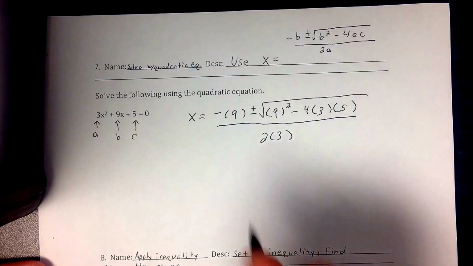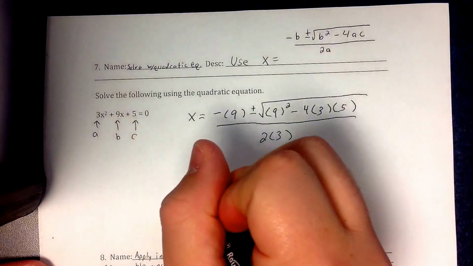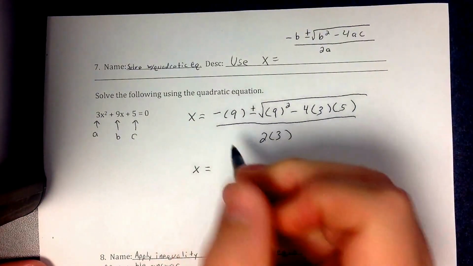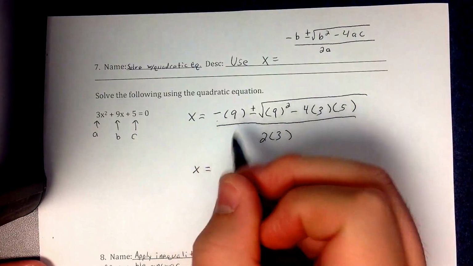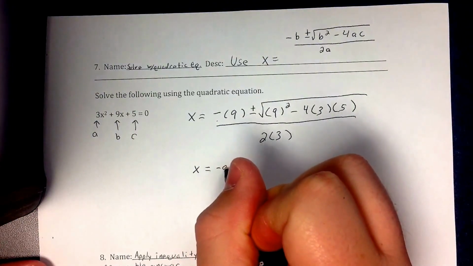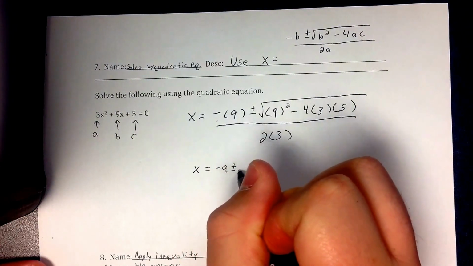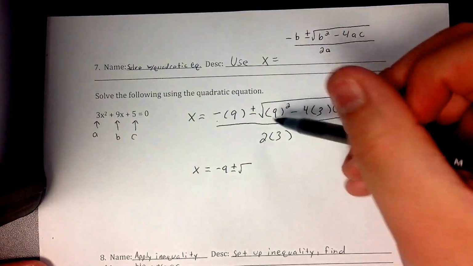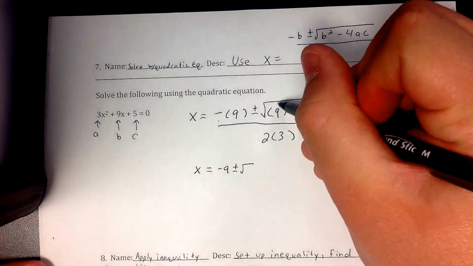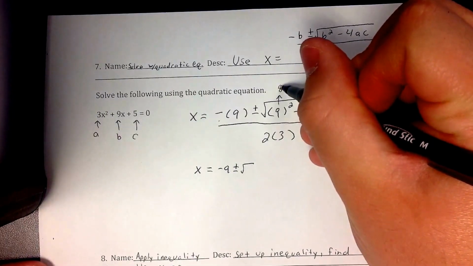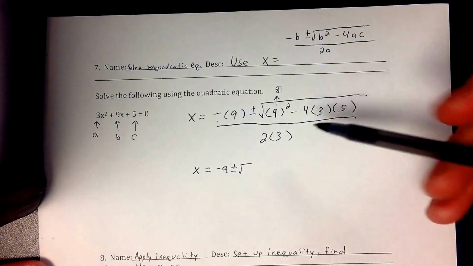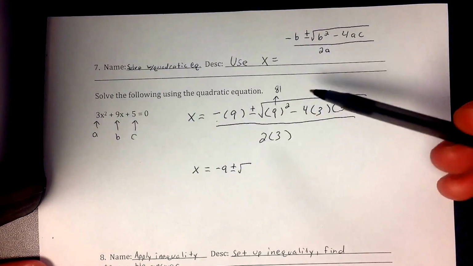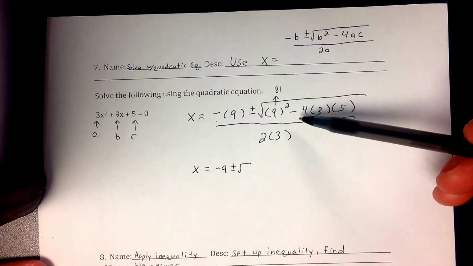Now when we go to simplify this down a little bit, we'd have x equals the opposite of 9, so negative 9, plus or minus, then we have a square root. So let's go up here and do some simplifying here. 9 squared would be 81. Then with the minus 4ac, I treat this like a negative 4.